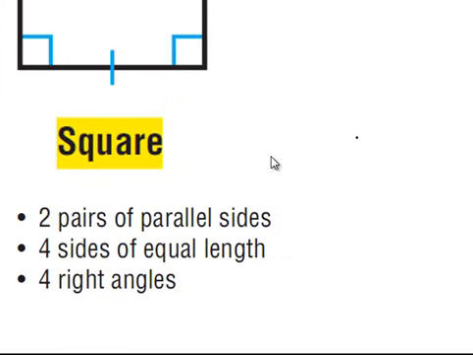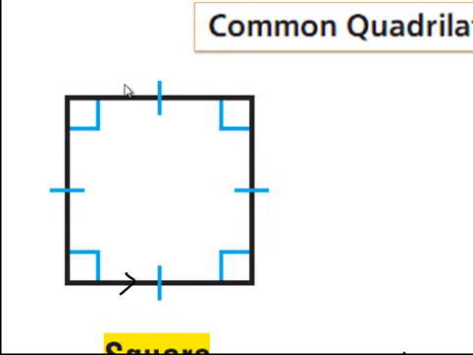The first one is two pairs of parallel sides. As you see here, the first pair, the second pair. Okay.